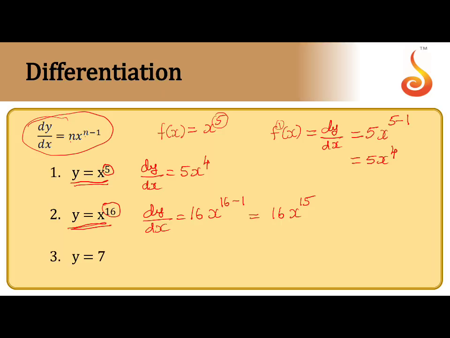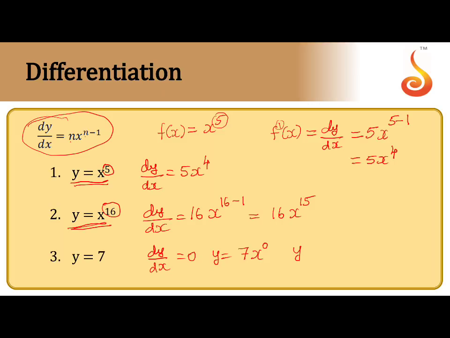What if y is a number 7? Now x doesn't change, so y also doesn't change. dy by dx of a constant is equal to 0. How do I understand this? 7 can be written as 7 into x power 0. Anything power 0 is equal to 1.